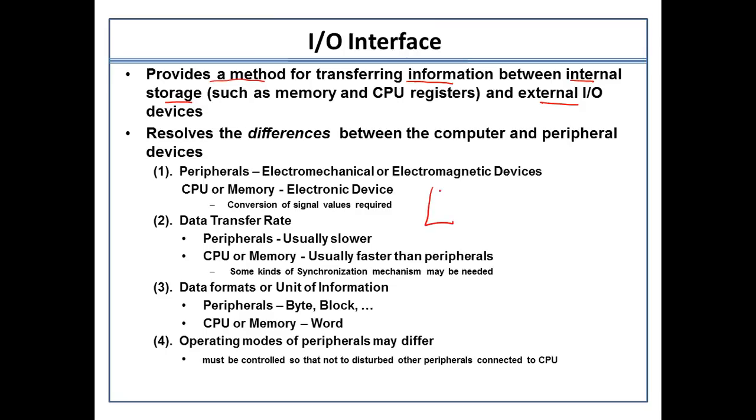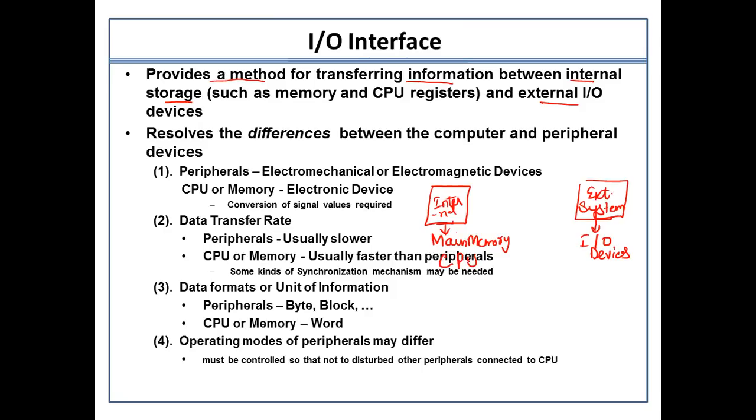So the point is that I have the internal system and there is an external system. When I am talking about the external system, I am usually talking about the input output devices or the peripherals. When I am talking about the internal system, I am referring to the main memory as well as the central processing unit or the processor.